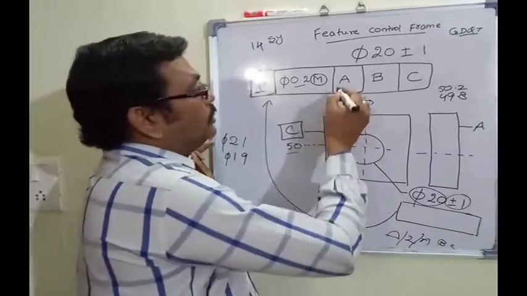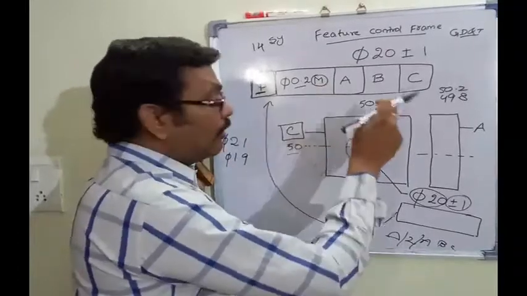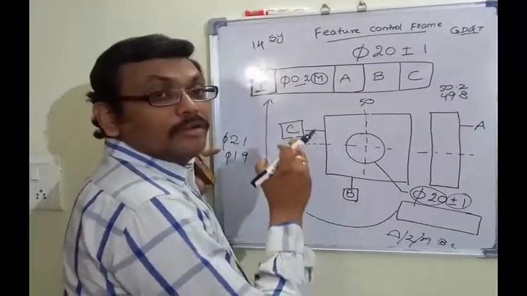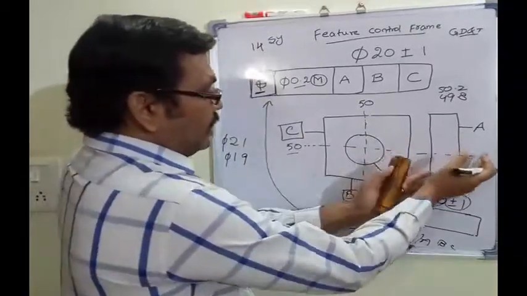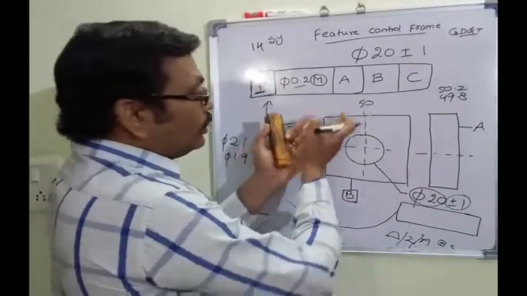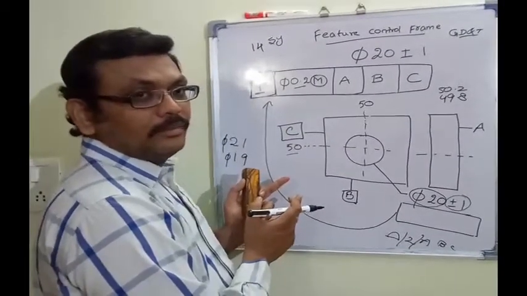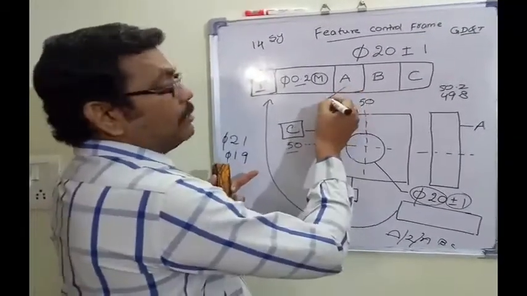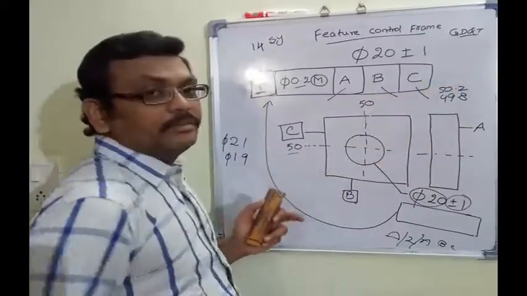right? So we have to take this tolerance with respect to datum. With respect to datum A, B and C, we are going to position the hole. This is called as a primary modifier, secondary modifier, tertiary modifier.